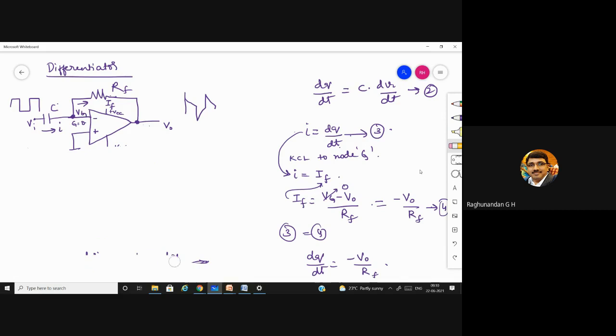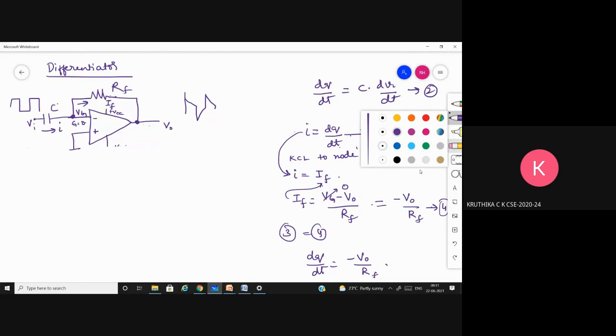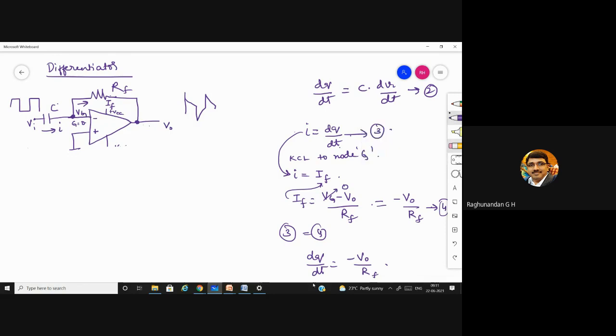First of all, what is the basic component that needs to be there in the final equation? Input voltage and output voltage. Here we have only the output voltage, so we need to get the input voltage also. Take this as equation number 5. Can we equate equations 2 and 5?